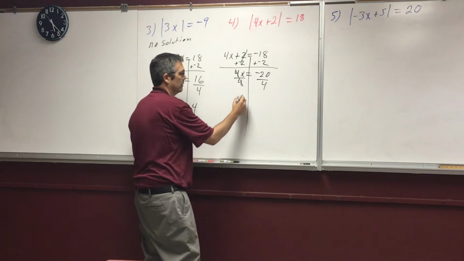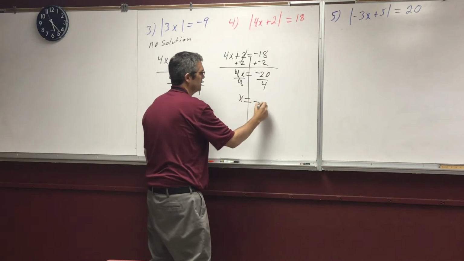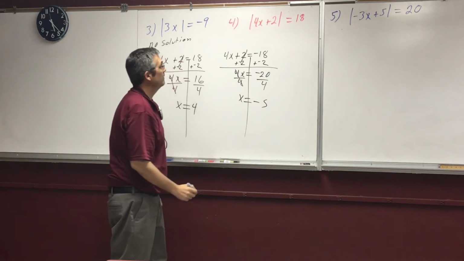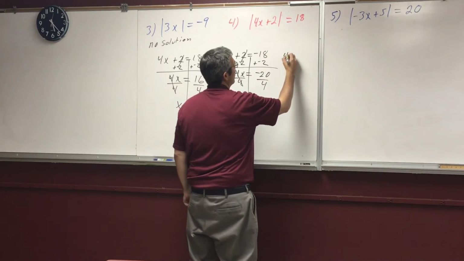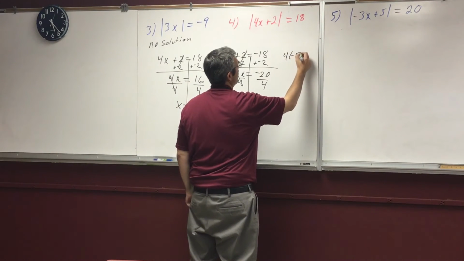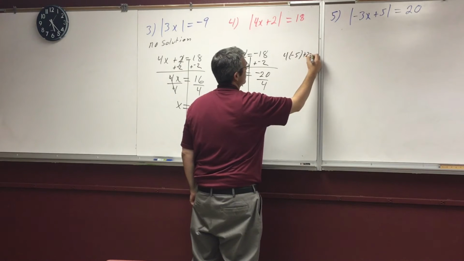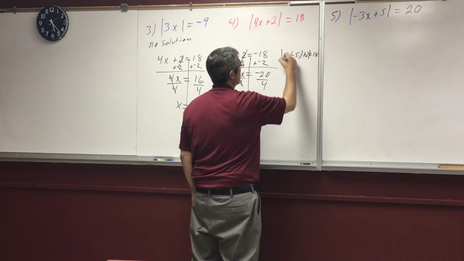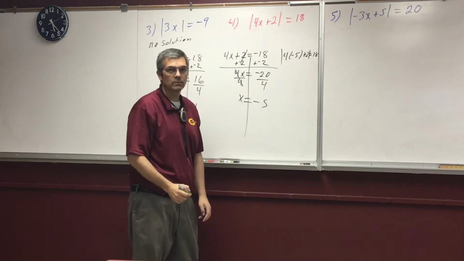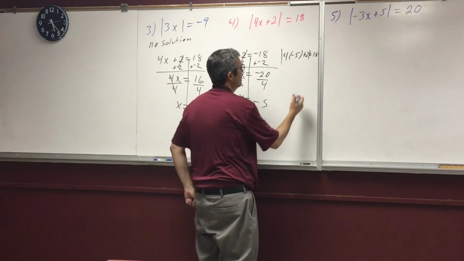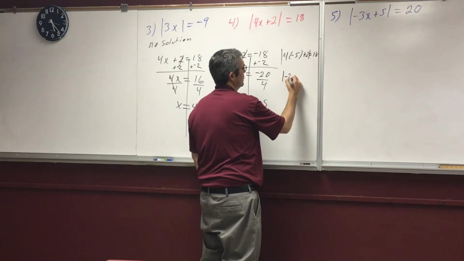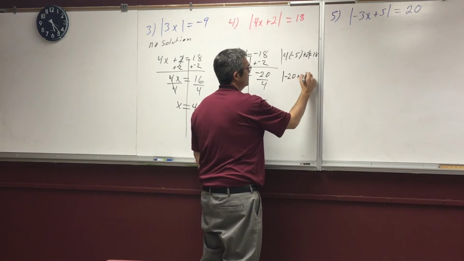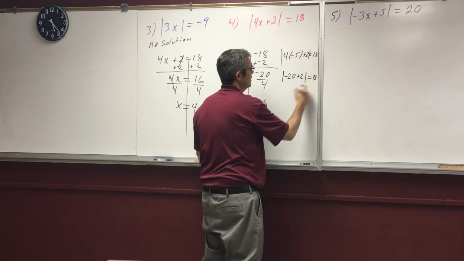This cancels out. X equals -5. Take -5, substitute it in there. The absolute value of 4 times -5 plus 2 equals 18. Don't forget your absolute values because you've got to have those, otherwise you can get a bad answer. 4 times -5 gets you -20 plus 2 equals -18.